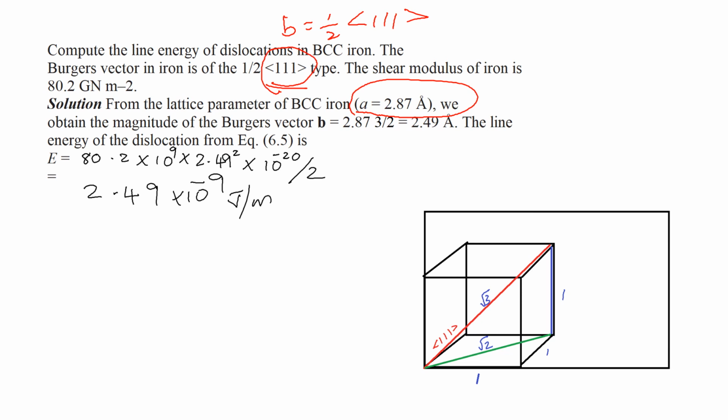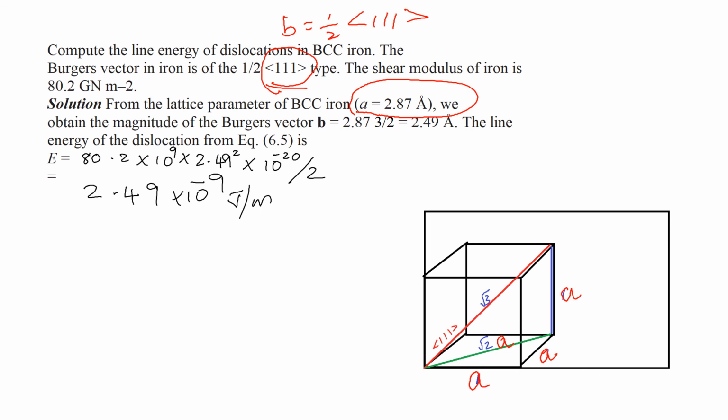So how to find the length of that? If one side is a, then this side also a. This will be a square plus a square, that is root of 2a square. It is root 2 a. So now this is root 2 a and this is a.